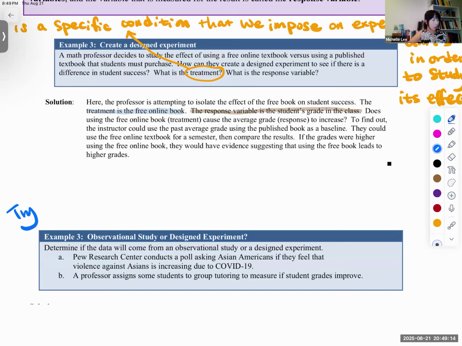What do you think? Is this an observational study or a designed experiment? Okay, so this is a poll. So this is an observational study, right? Asking, recording, right? Observational. This is a poll.